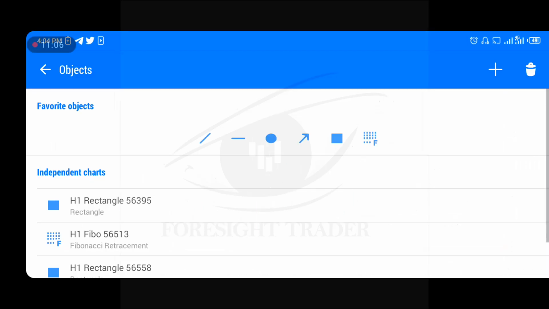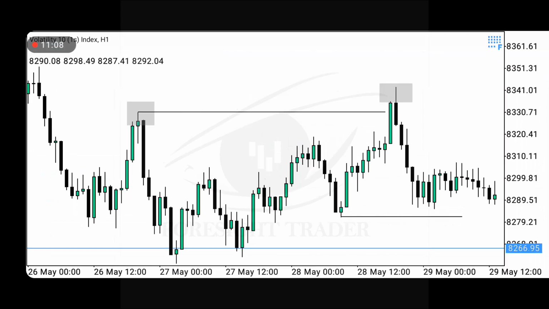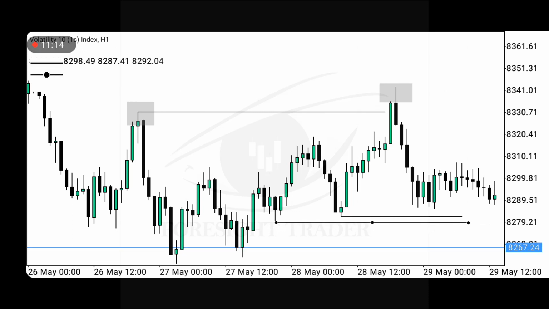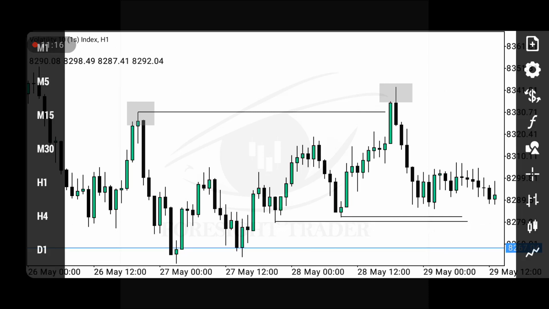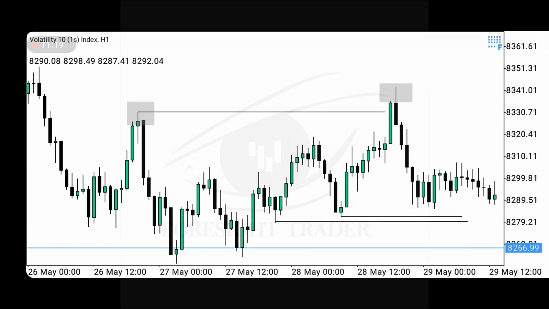This is the sell side liquidity where buyers have their stop loss already. This is another one. And this is another one.